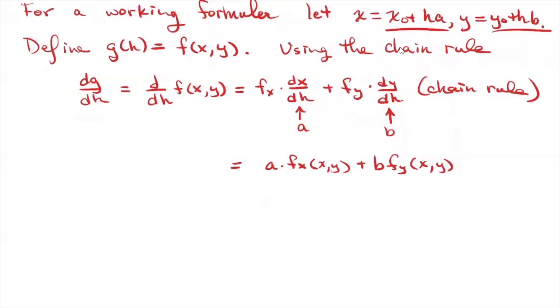And even more, this is a times f x where x is x naught plus ha and y is y naught plus hb, and then the same thing plus b times f y at the same point.